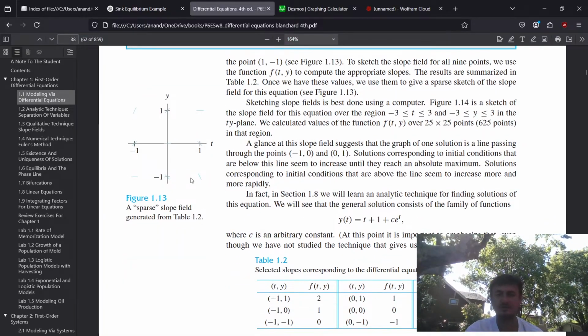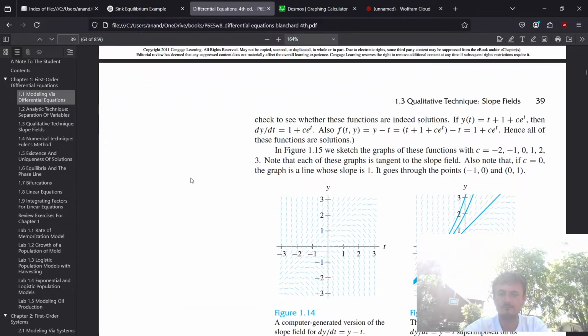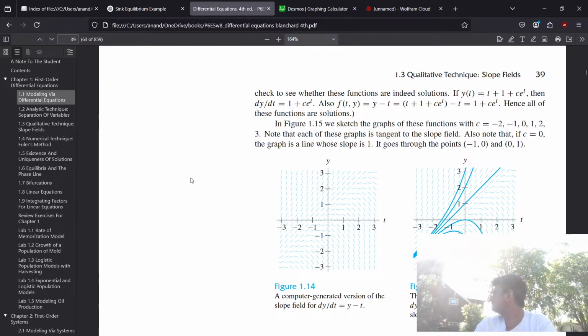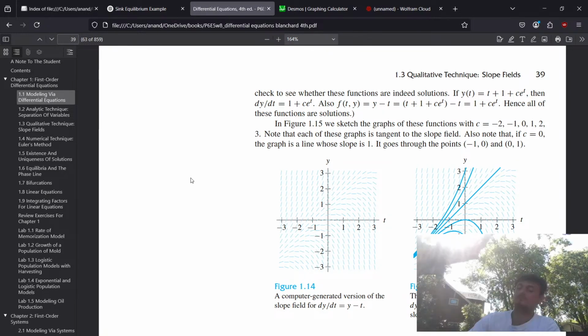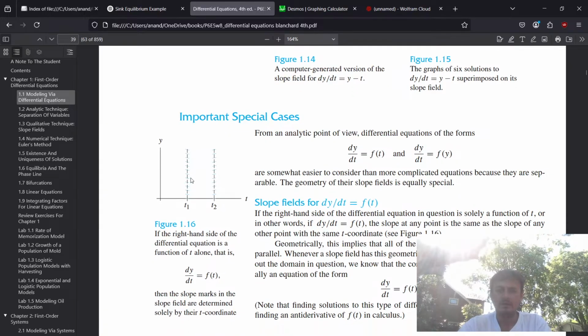Okay, and that sort of gives you an idea of the behavior of the solutions. Oh yeah, okay, so this is a very important picture that I'm going to draw in my notes.